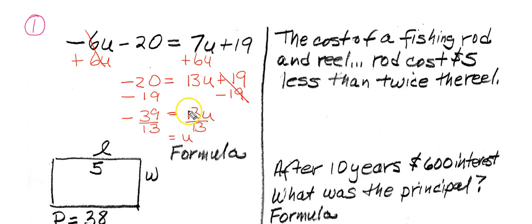So we now get a 1 here. Anything divided by itself is 1. And we get a u then, a 1u. We don't write the 1. But doing this division, we're going to end up with a negative. 13 goes into 39 3 times.